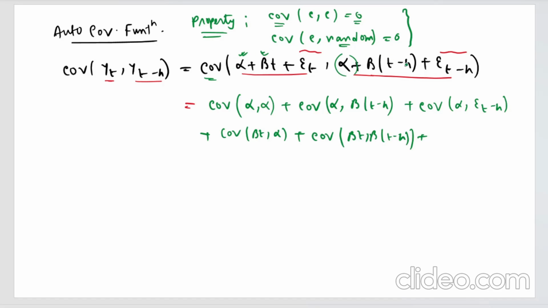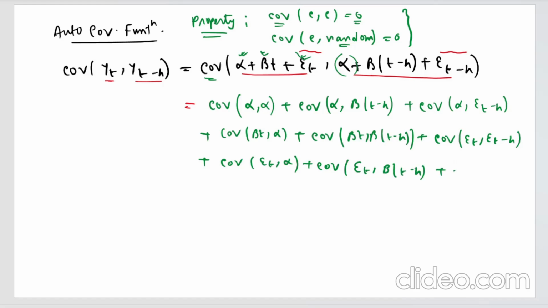Alpha with beta t minus h, alpha with this, then beta t with alpha, beta t with beta t minus h, then epsilon t with alpha, epsilon t with beta t minus h, plus the covariance of epsilon t and epsilon t minus h. So this is the entire expression that we are talking about.